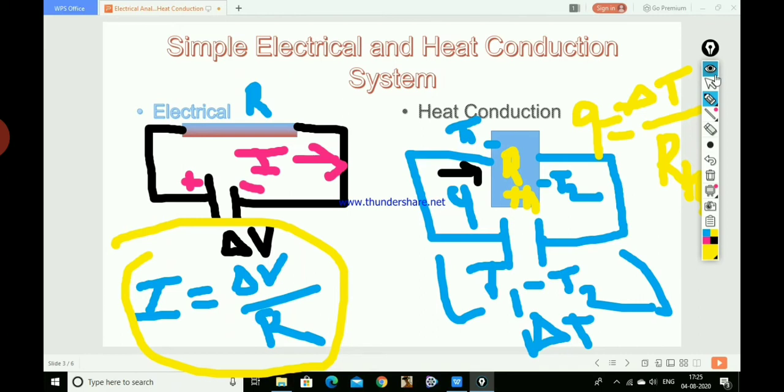Now we can take advantage of this electrical system if we are using conductors in series, two to three conductors in series. So this is one, here we are having another one, and here another one. So these are three conductors in series, and we are having three resistors, R1, R2, R3. In this case, our I becomes delta V divided by R1 plus R2 plus R3, as the resistors are in series.